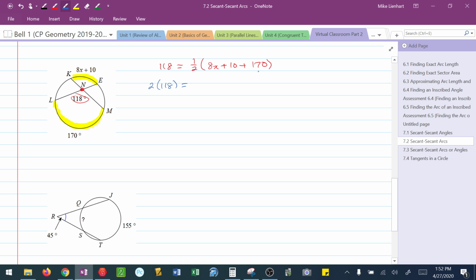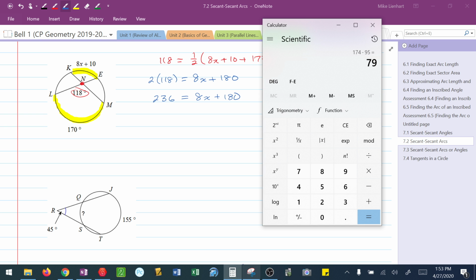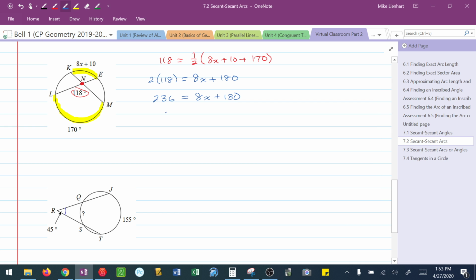In the parenthesis here, I'm going to combine like terms. So 8x plus 180. 2 times 118 would be 236 is equal to 8x plus 180. I'm going to subtract 180. So 236 minus 180 would be 56 is equal to 8x. Divide both sides by 8. X is 7.